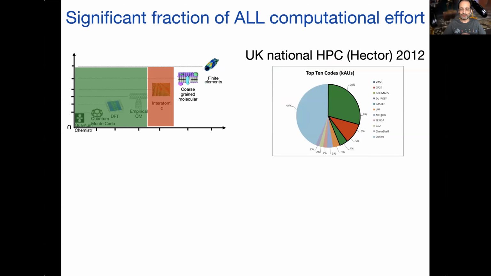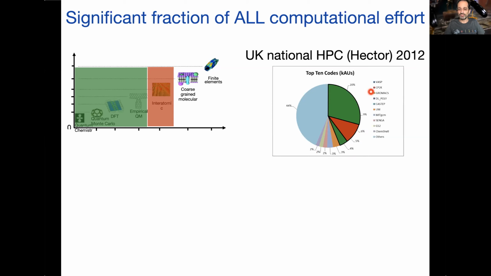To show you that these problems occupy a lot of people, I've collected just two pieces of not even very up-to-date data on where our non-military computing in the US and the UK are spent. So this is a little bit out of date graph of where the computer time is used on the UK national supercomputer. At that time it was called Hector, and this is a pie chart from one of their reports.